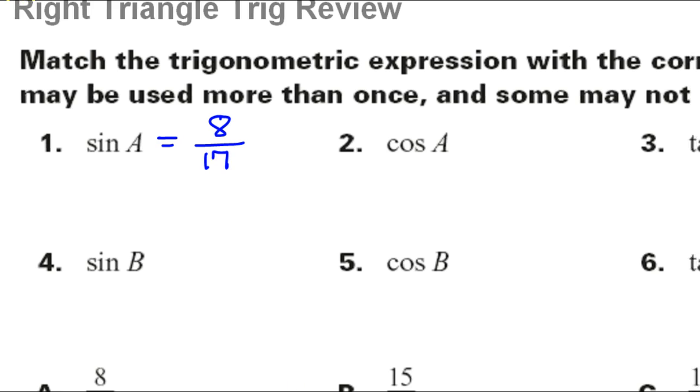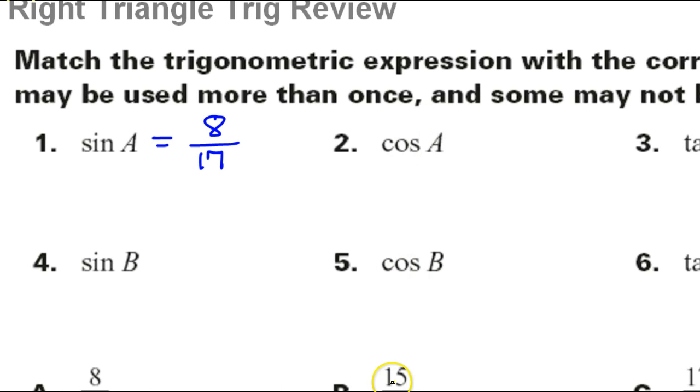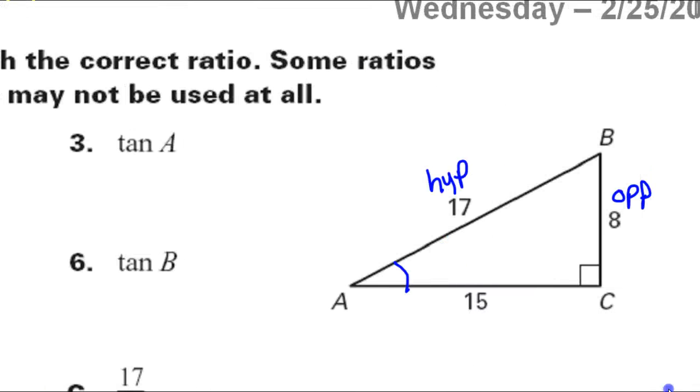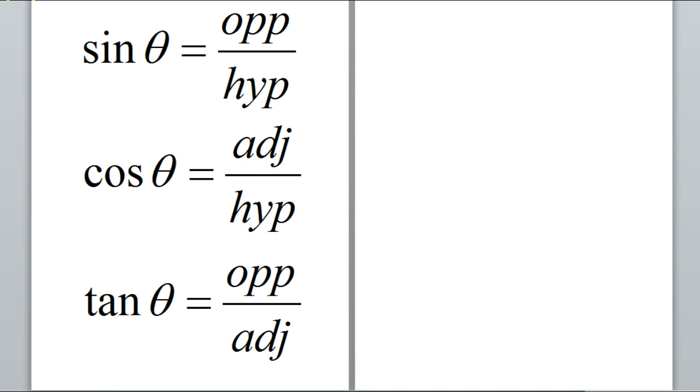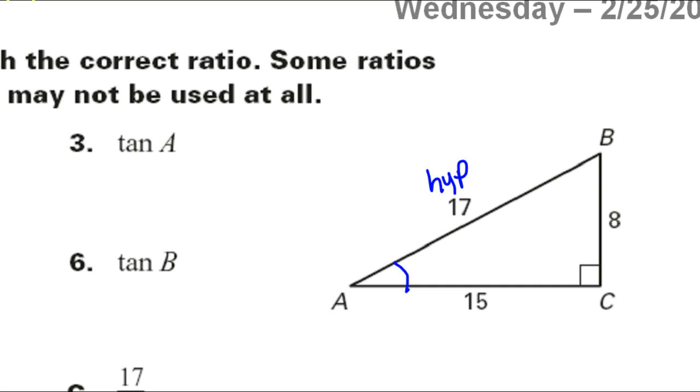Look at number two. How about the cosine of angle A? Again, here's angle A. Now the cosine is defined as the adjacent leg over the hypotenuse, as you can see right here. So this is the adjacent leg.